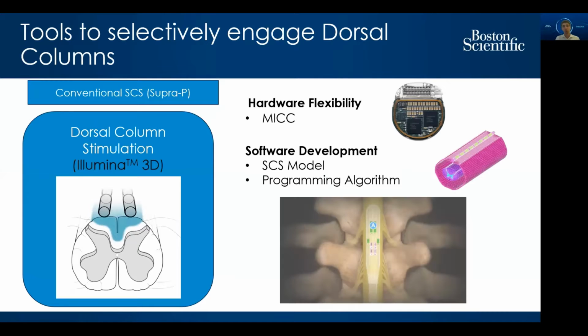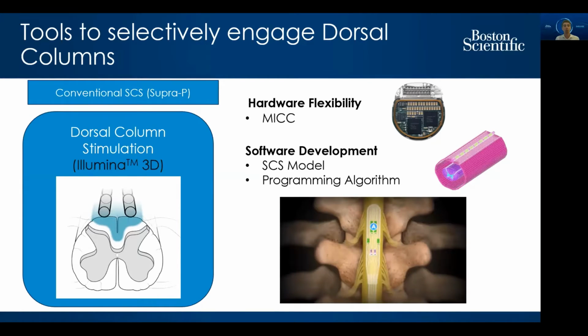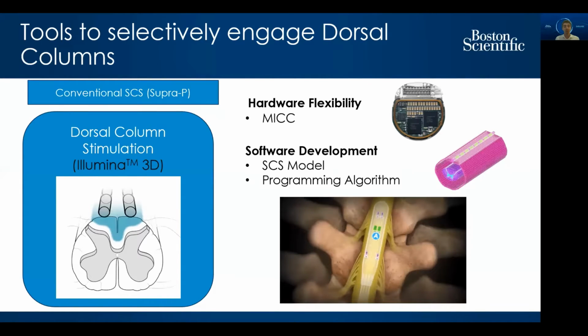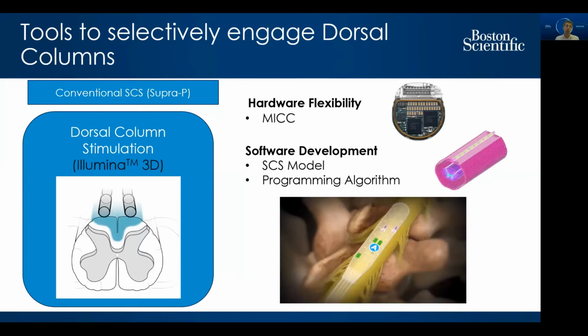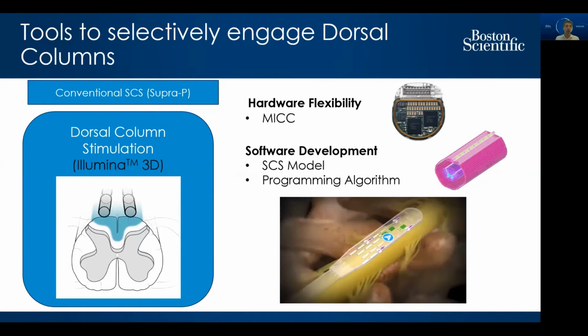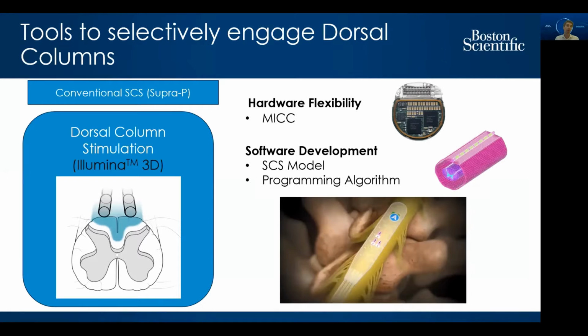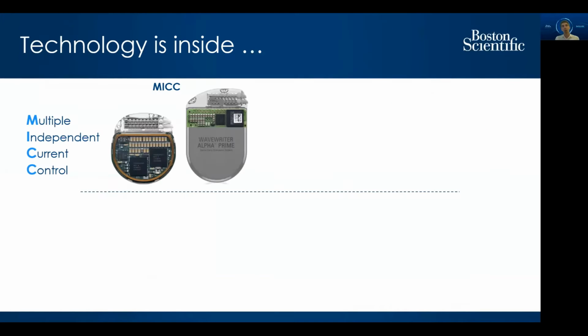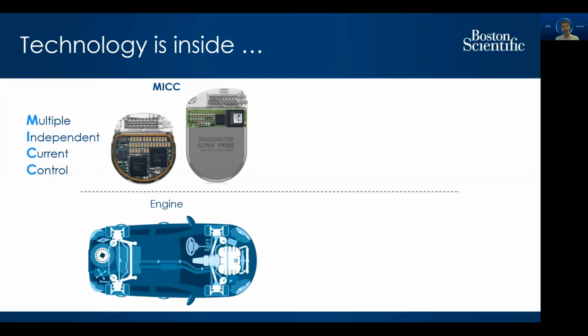And on the top of MICC, we have our programming algorithm, Illumina 3D, which is truly optimizing the control of our advanced battery technology. So this MICC technology, which stands for multiple independent current control, can be seen as the engine powering our IPGs.